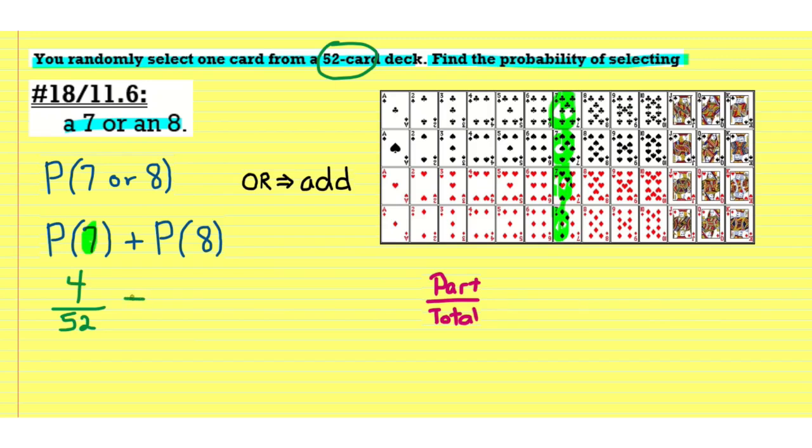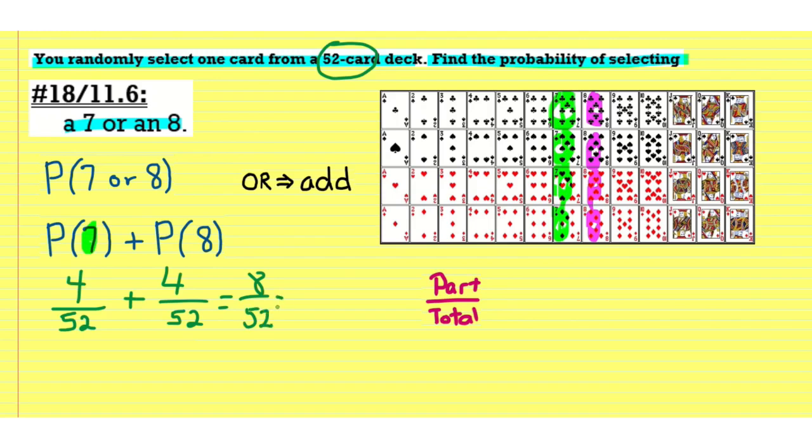Then I'm going to add that to the probability of an 8. Where are my 8s? There's an 8, there's an 8, there's an 8, and there's an 8. So I also have 4 8s in my deck of 52 cards. When I add those two probabilities together, I get 8 out of 52.